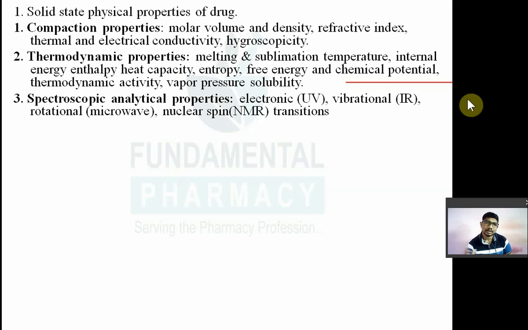You also have to study the spectroscopic properties, whether that drug has a particular lambda max or not, whether that drug is active in the UV or not. If it is active in the UV, that means it has a conjugation. If it is not active in UV, that means it does not have conjugation.